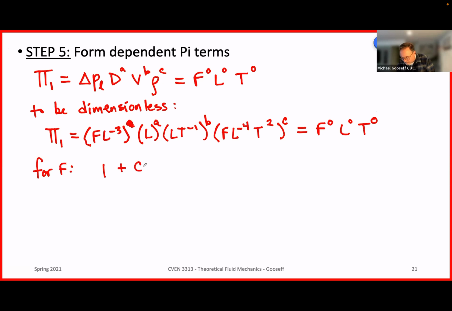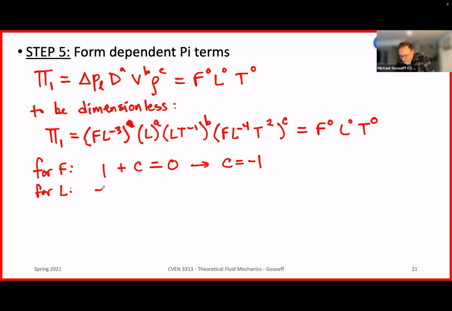All right? So ultimately what we're trying to do is figure out what A, B, and C are going to be. For length, now we have a -3, that's a constant. And then we have length, so we have the plus A, we have plus B, and then we have length to the -4, so -4C.